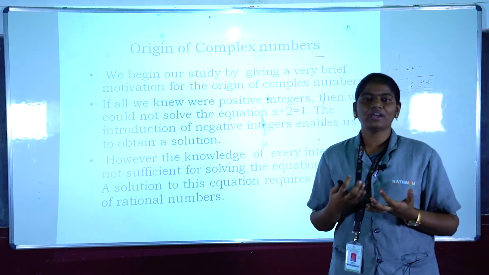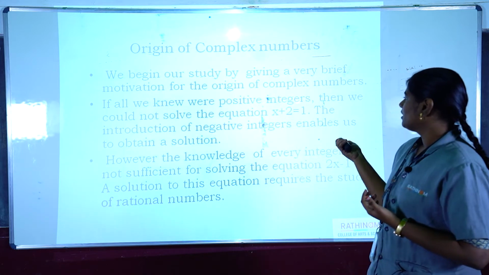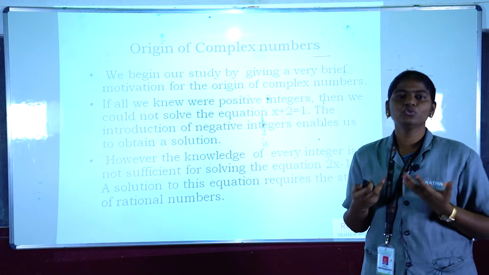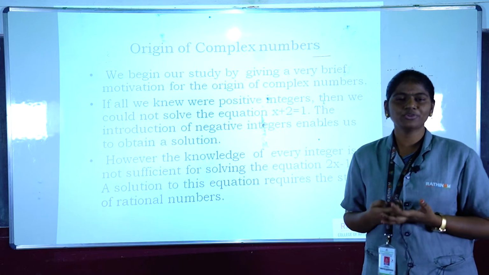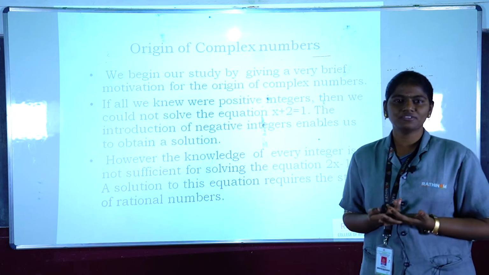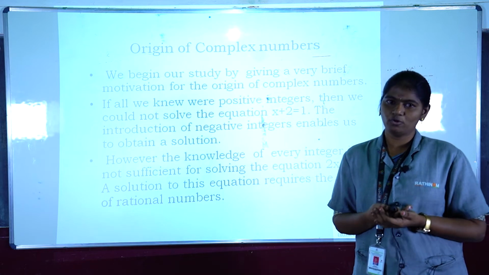Then you have to solve the equation x plus 2 is equal to 1. But you don't have a negative number. What will you do? x is equal to 1 minus 2, which is a negative number. So, at that time the negative numbers evolved.